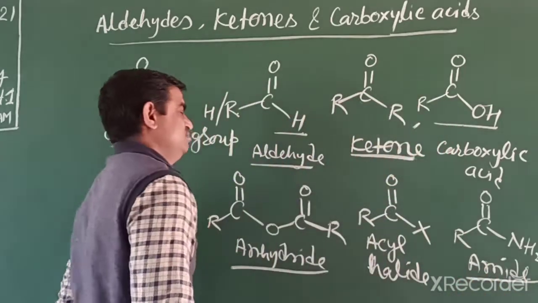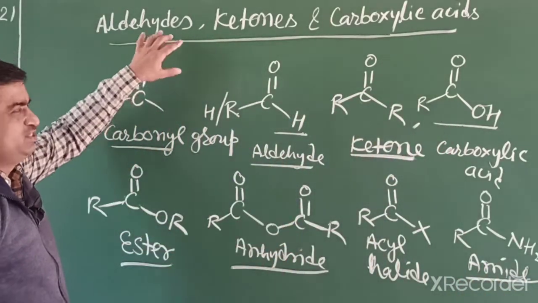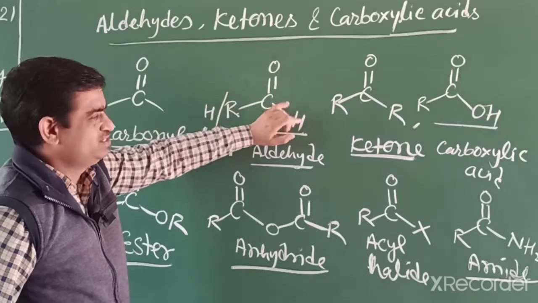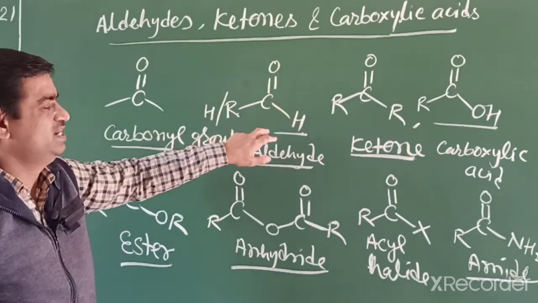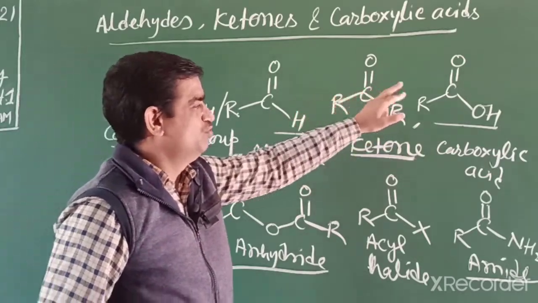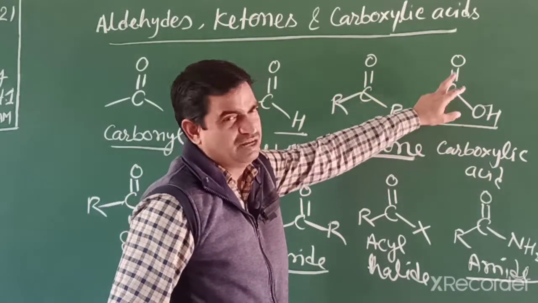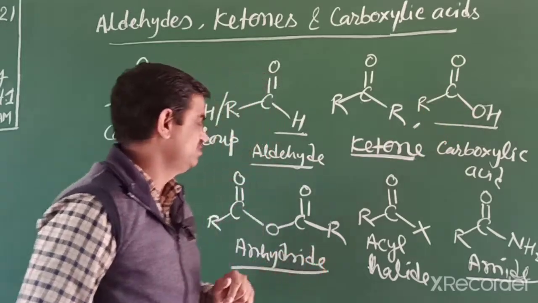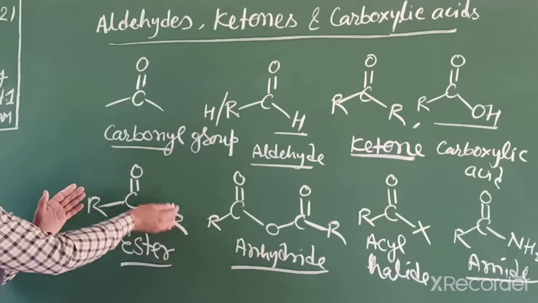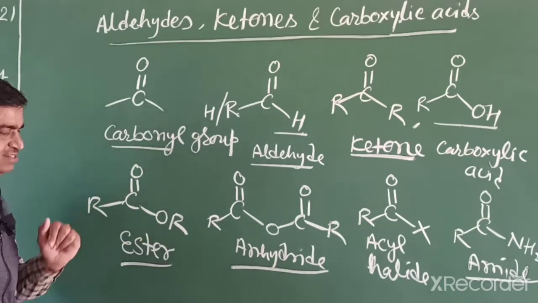So these are the details. An aldehyde is when the carbonyl group is attached to at least one hydrogen; with carbon on both sides, it is a ketone. If an OH group is attached directly to the carbonyl, it is a carboxylic acid. If an ether-like group is attached directly, it is converted into an ester.